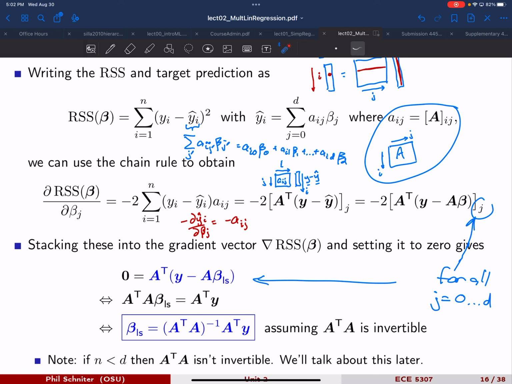Can that be further simplified? It's a good question. We will write it a different way. Whether it's simpler, I think it's more interpretable the way we're going to write it, but I would say this is the simplest in terms of just number of terms. But it's not very interpretable.